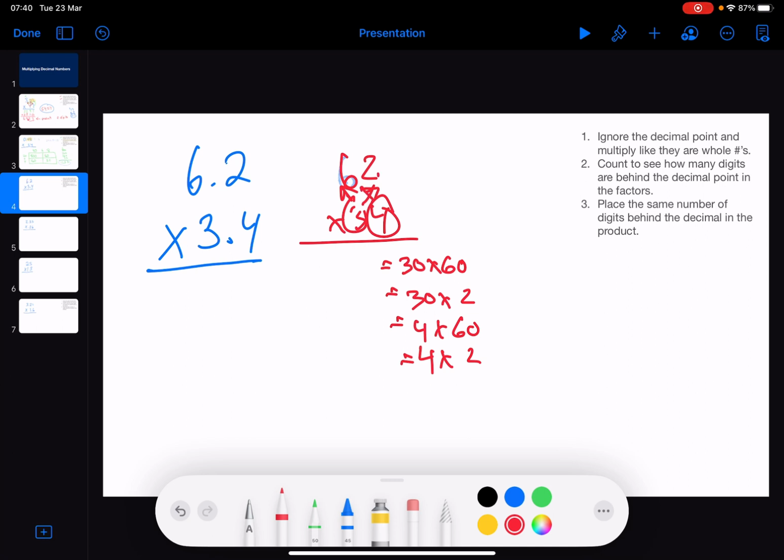So 30 times 60, 3 times 6 is 18, and there's 2 zeros. 30 times 2 is 60. 4 times 60, 4 times 6 is 24, and there's 1 zero. 4 times 2 is 8.